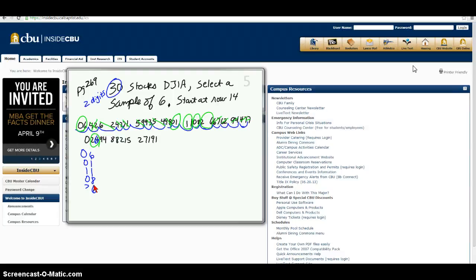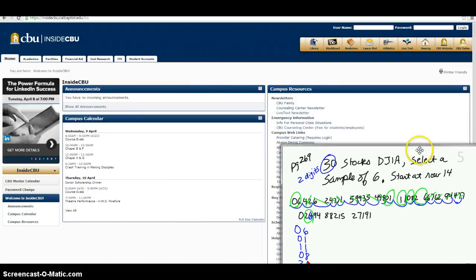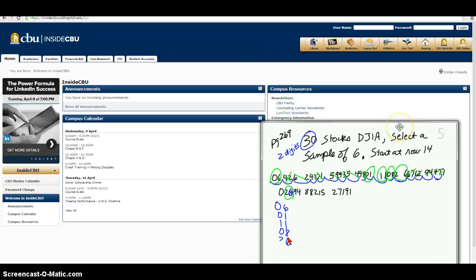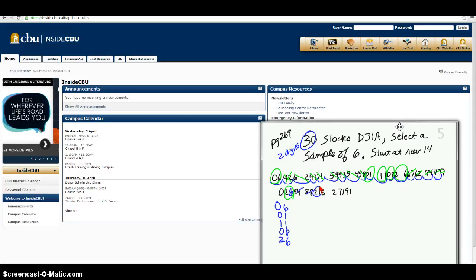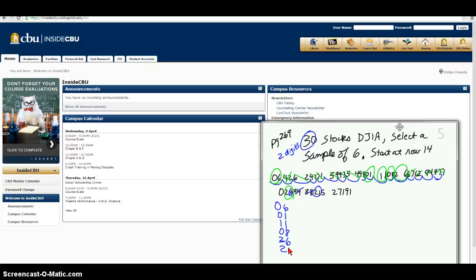No, because I already have a 26, so I can't use that one. I would have to go and pick 21. You cannot use the same number twice.